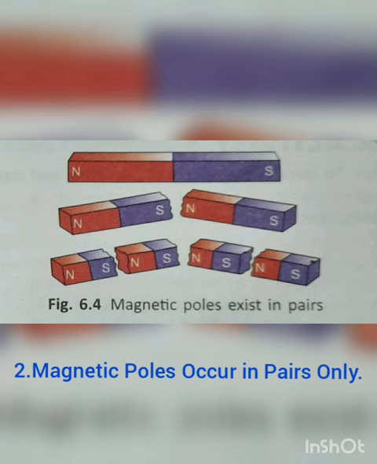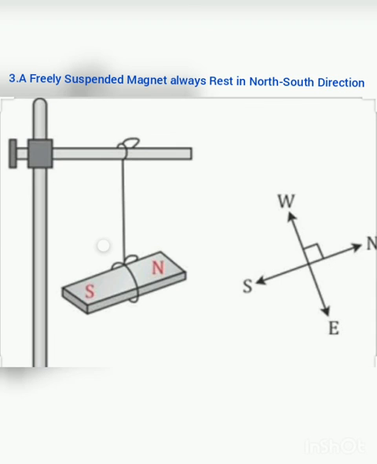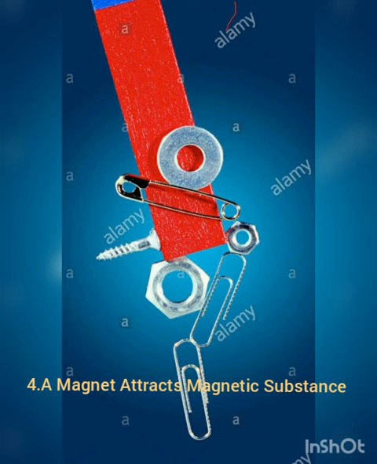And the third property is a freely suspended magnet always rests in the north-south direction. That is the directive property of the magnet. And the fourth property is a magnet attracts magnetic substances like iron, cobalt, nickel and steel, etc. This is known as the attractive property of the magnet.